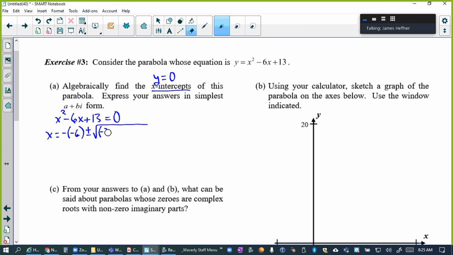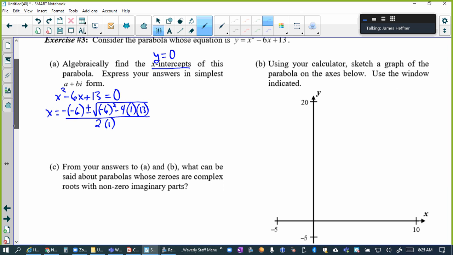I'm getting ahead of myself here. Sometimes I think a couple steps ahead and write it. Negative 6 squared minus 4 times 1 times 13, all over 2a.